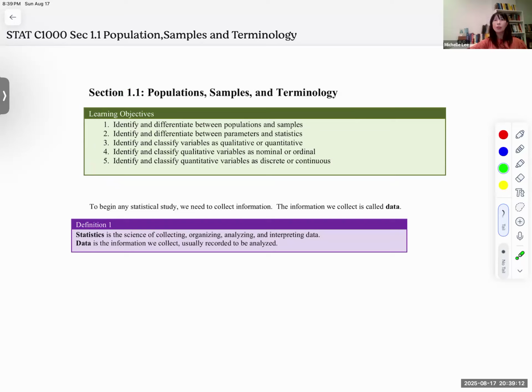Let me read the textbook. Statistics are everywhere, right? We use statistics to understand the world around us and to help us make decisions that are based on evidence.